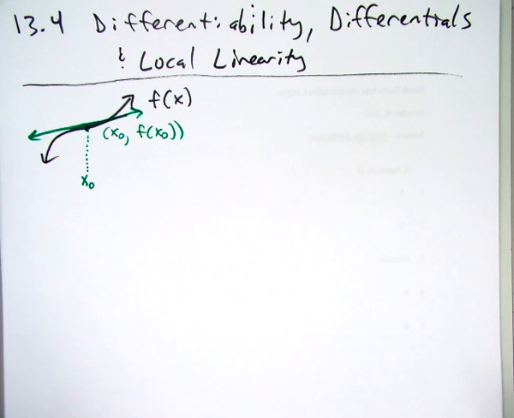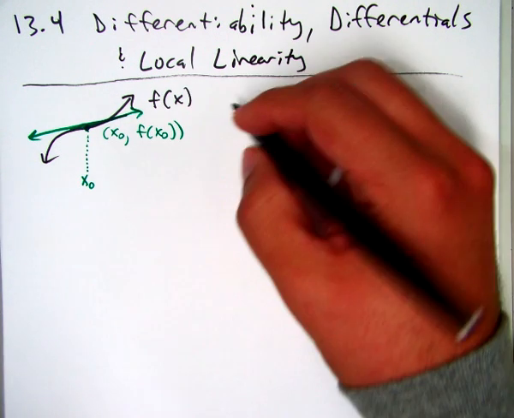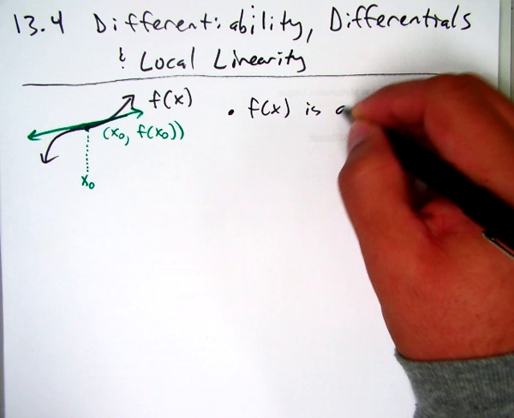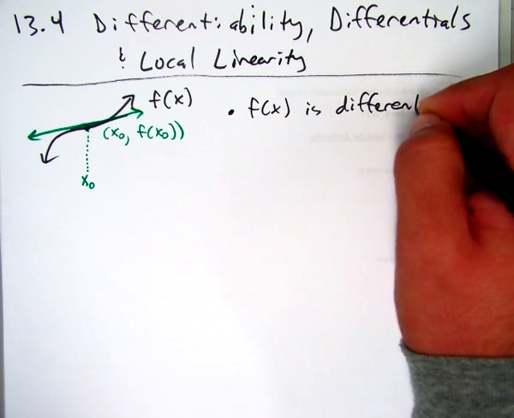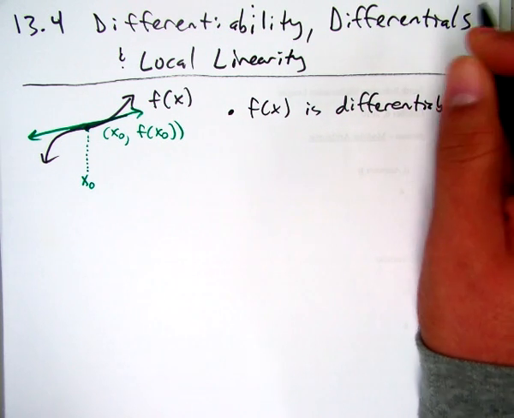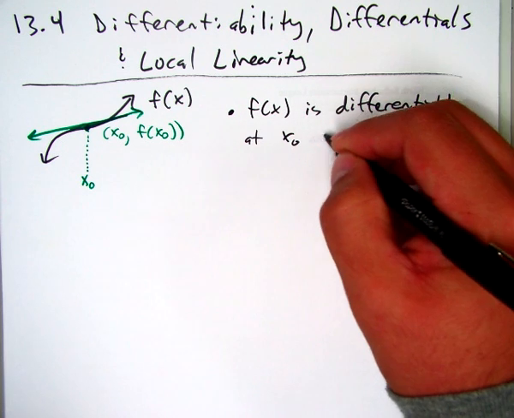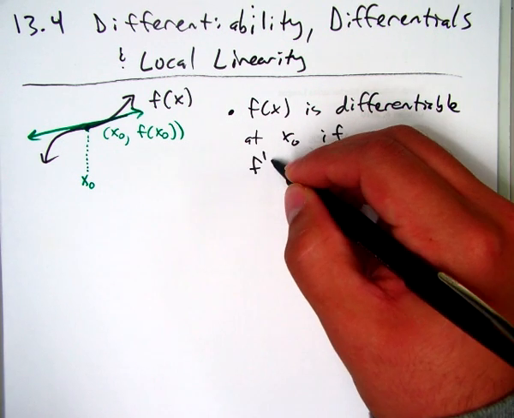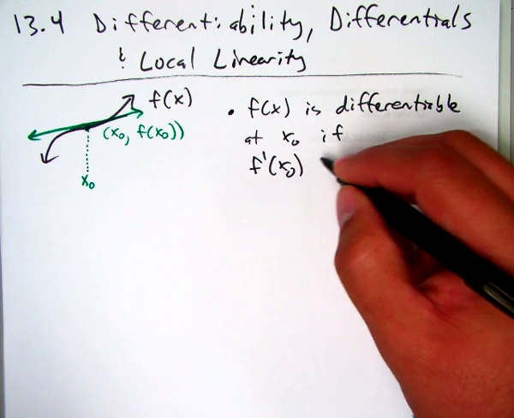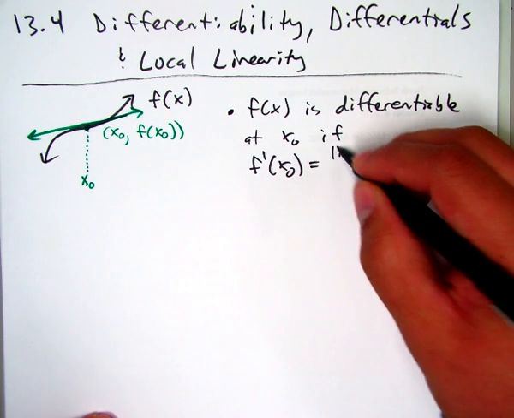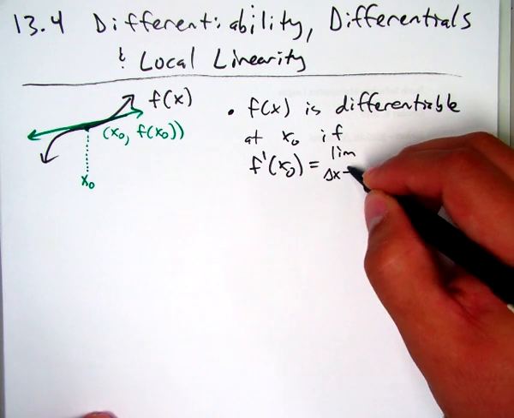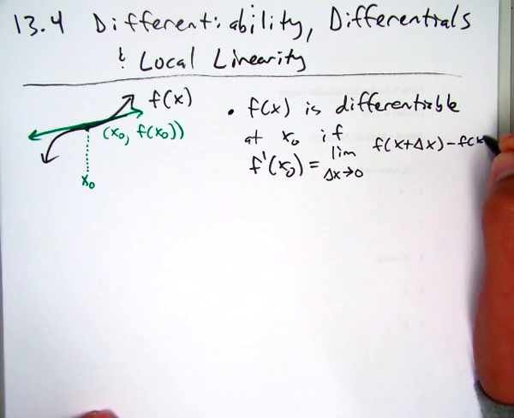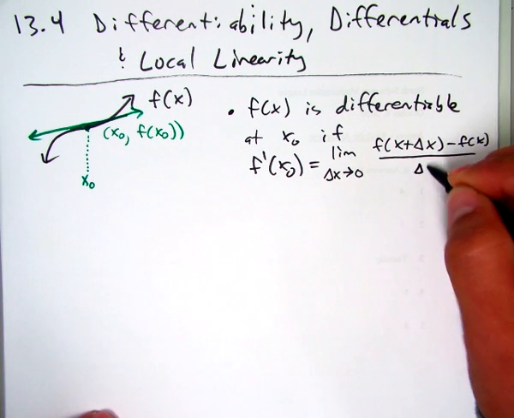And we say that f of x is differentiable, so this is what you guys did last year, at this point, if, when you do the definition of the derivative, f prime of x naught, you do the limit as delta x goes to 0 of f of x plus delta x minus f of x over delta x.